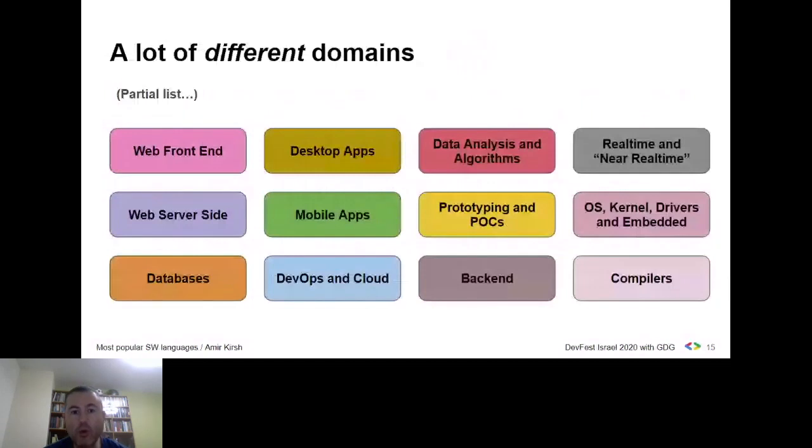A domain that requires direct memory access will need languages that allow direct memory access. A domain that is more focused on user experience would need a language that is relevant for user experience, and so on.